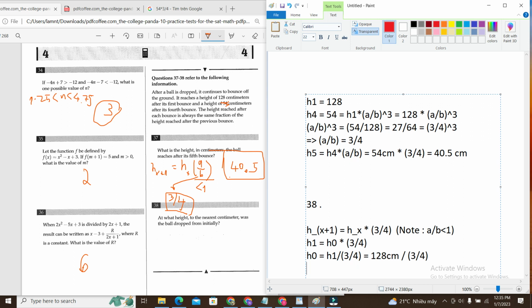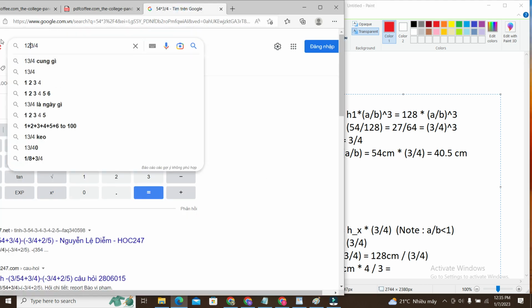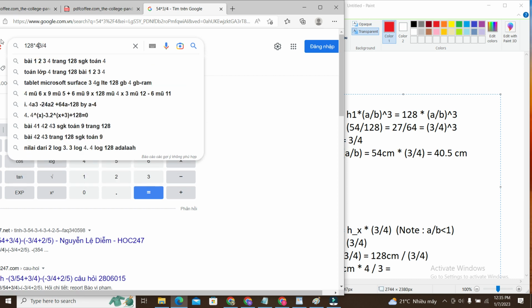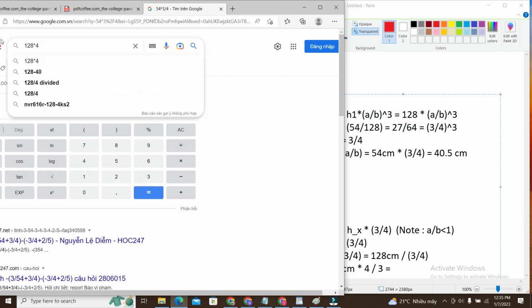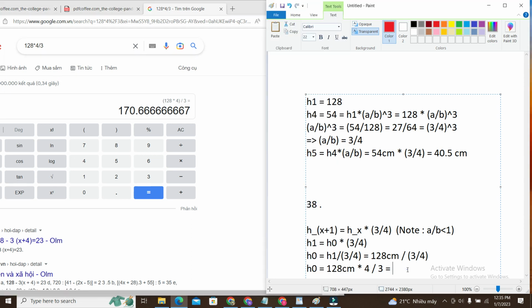H0 is equal to 128 centimeter times 4 divided by 3, and that's 170.666 centimeter.